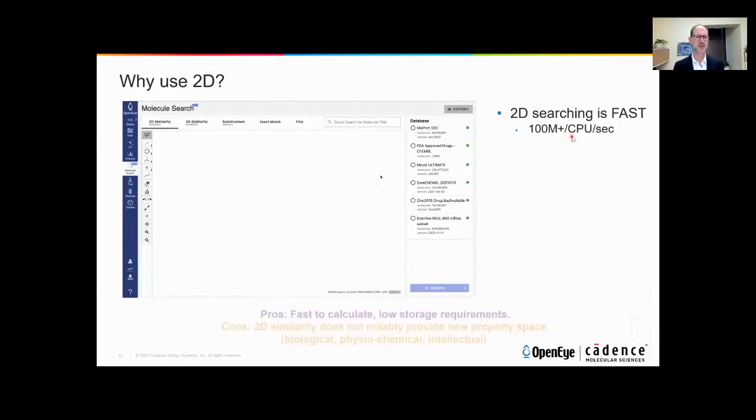A downside of 2-dimensional methods is they tend to give you molecules that look rather similar to the structure of your query, so you're not finding new property space, particularly not finding new intellectual property space. So 2D is very fast, but isn't always very effective for finding new intellectual property, new areas of structure space.